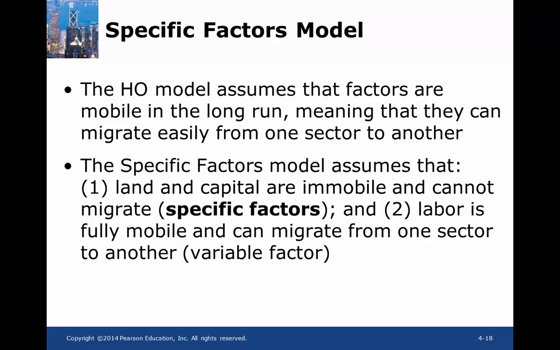The specific factors model assumes that land and capital are immobile and cannot migrate, specific factors, and labor is fully mobile and can migrate from one sector to another sector, the variable factor. See, so why is labor the variable factor? Because labor is fully mobile and can migrate from one sector to another.